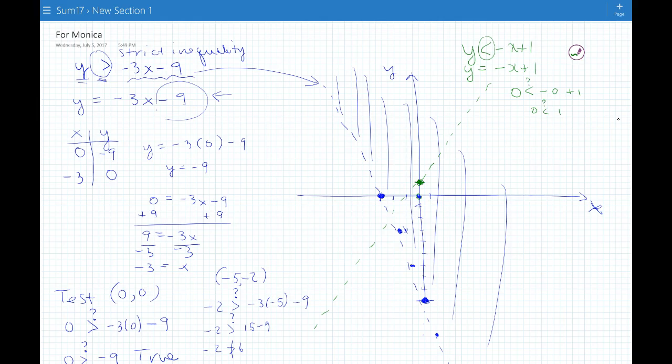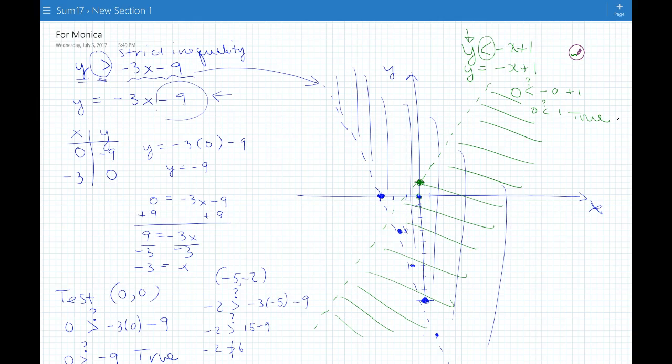And that's true. So you want to shade the side of the green line where 0, 0 is. The other way you could do it is to say, I want the y values that are less than negative x plus 1, and less than means below on the y-axis, so the y values that are below the line.